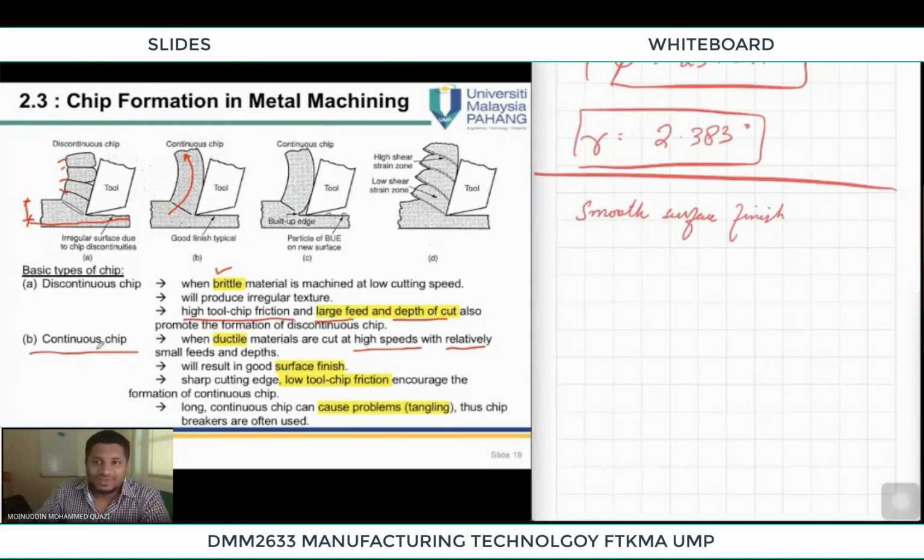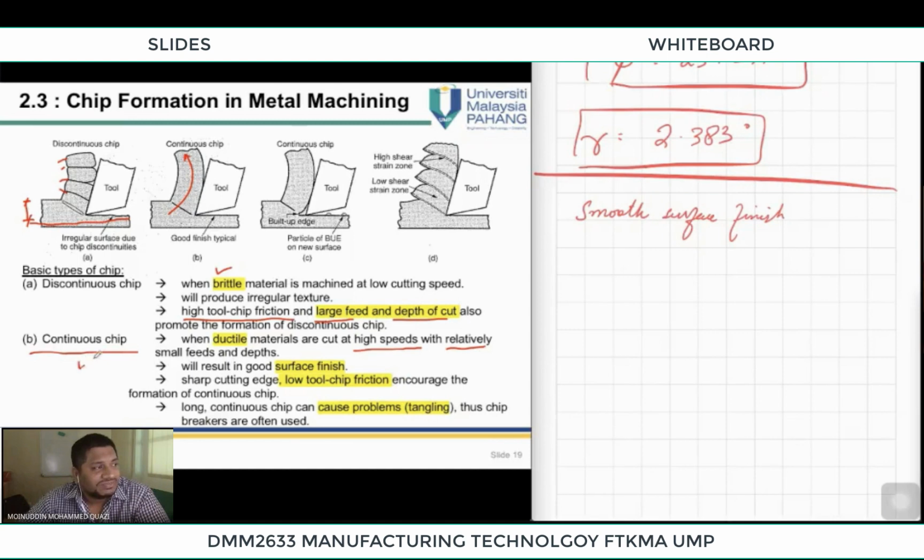Anything which is carefully manufactured has good surface finish. It means they control the stress, the strain, and the shear plane angle very carefully. When you do this, then the product will be very nice and it is easy to sell. So these types of chip formation matter for your production and manufacturing process.